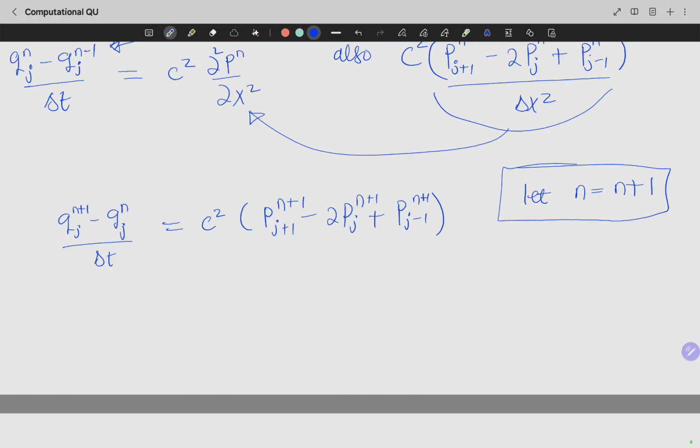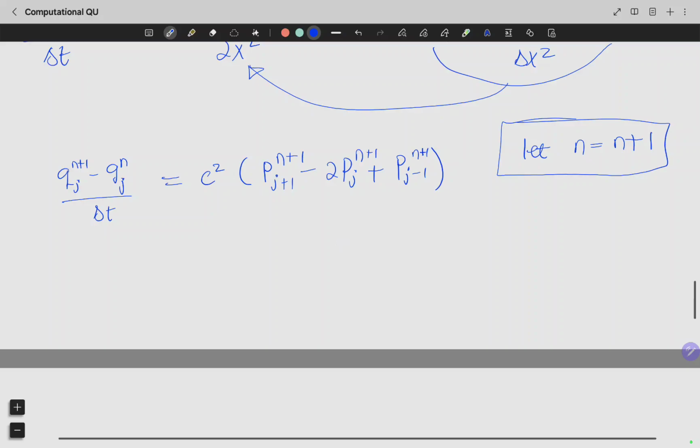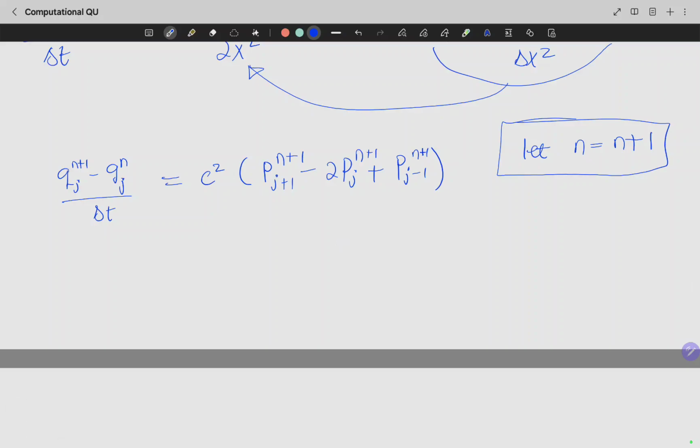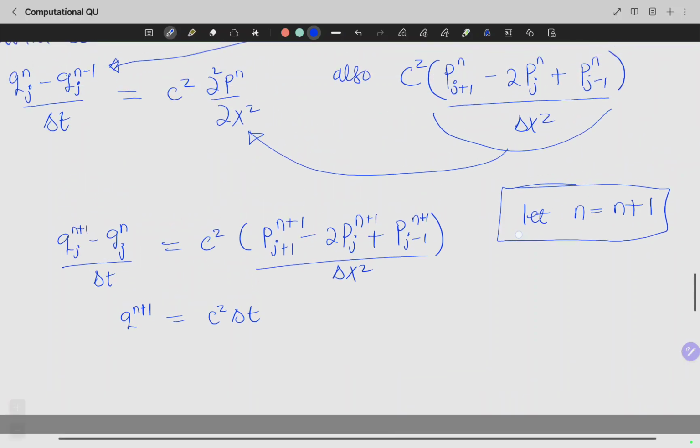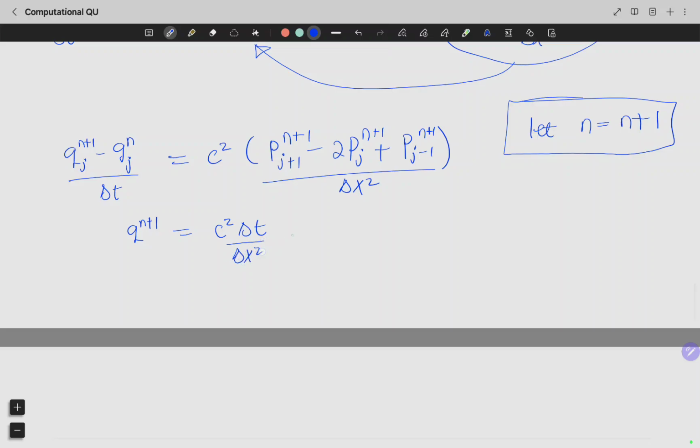So this is necessary. You're dealing with a backward time scheme, and like we said, it's quite difficult to manage, and therefore we get this. All right, so now you can push this guy to move forward. So q n plus 1 equals c squared dt by dx squared times p j plus 1 n plus 1 minus 2 p j n plus 1 plus p j minus 1 n plus 1, plus q j n.